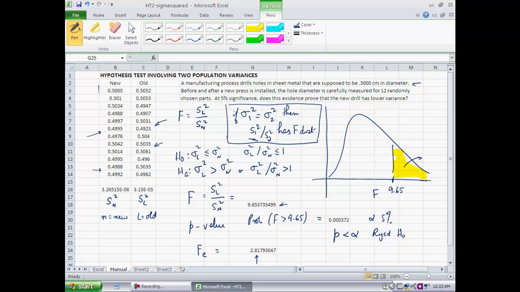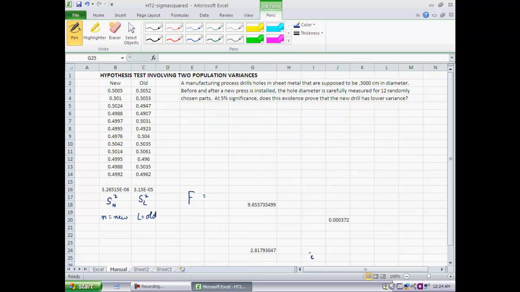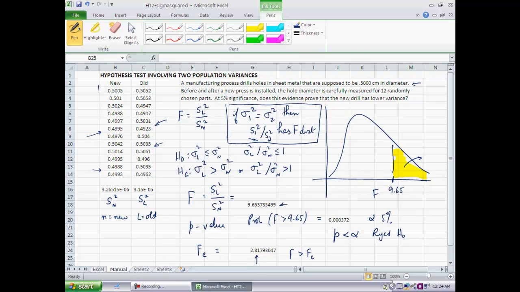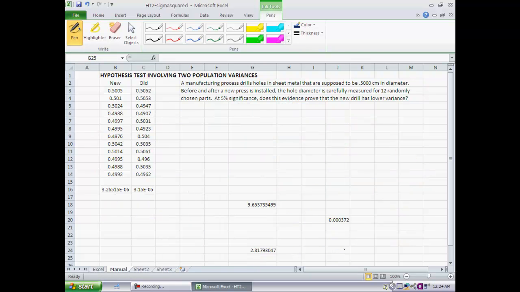That's way more than 2.81. So the situation I have here is F is greater than F critical. I consider anything more than 2.81 extreme enough, and what I found from the sample is 9.65. It's certainly comfortably above 2.81. So I come up with the same conclusion: reject the null.